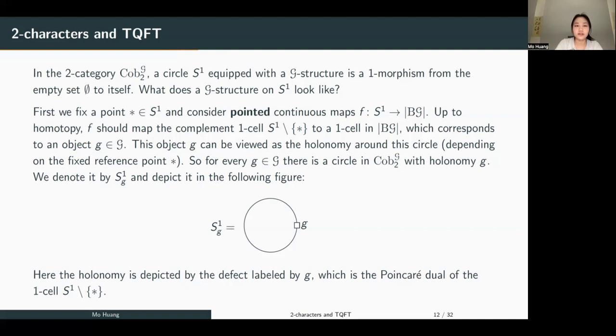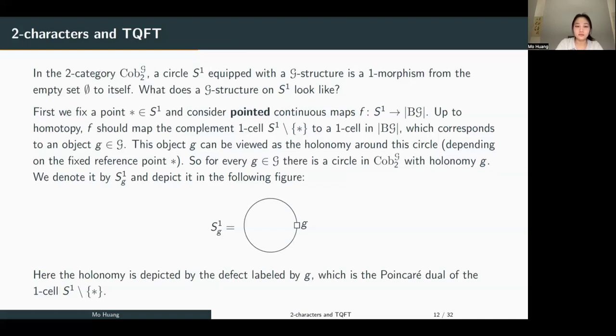Up to homotopy, f should map the complement of star in S^1 to a 1-cell in this BG, which corresponds to an object g in this 2-group. And this object g can be viewed as a holonomy around the circle, depending on the fixed reference point. So for every g in this 2-group, there is a circle in this cobordism category with holonomy g. We denote it by S^1_g and depict it in the following figure.